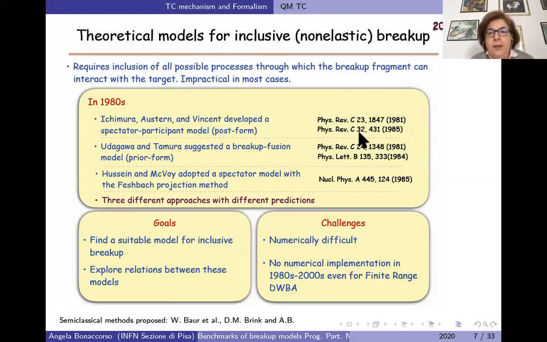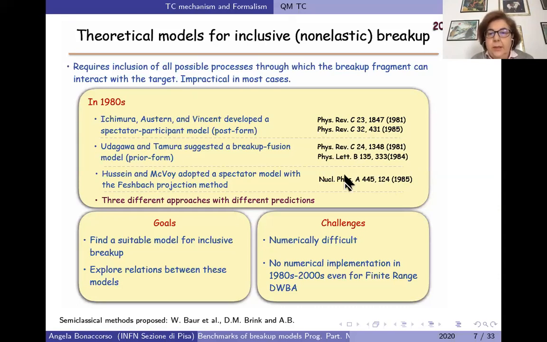And in those days, in the 80s, there were a lot of discussions. Almost everybody working in direct reactions was trying to have a model for breakup. And they all were very complicated because the experiments in those days didn't clarify the situation well.